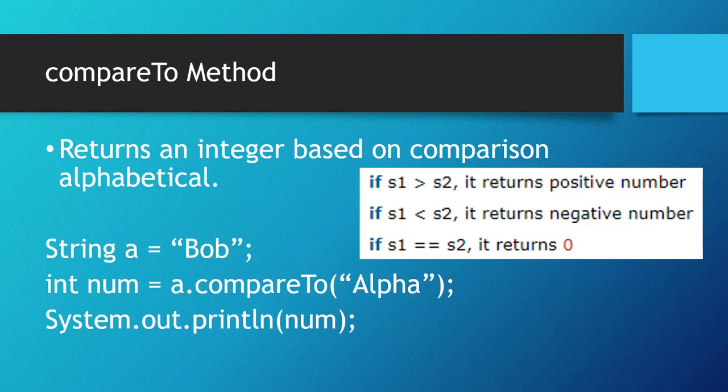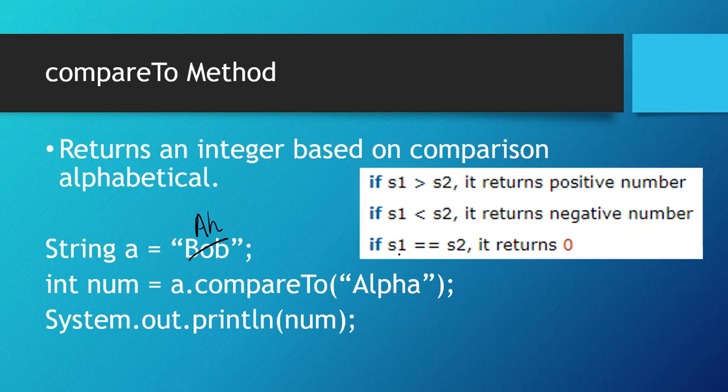If S1 had been less than S2, so let's say instead of this I put AH, and I compared it, that would mean it's less than, so it would return a negative number. This is saying that this guy is smaller than that guy.